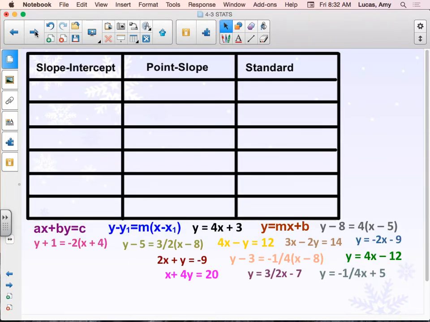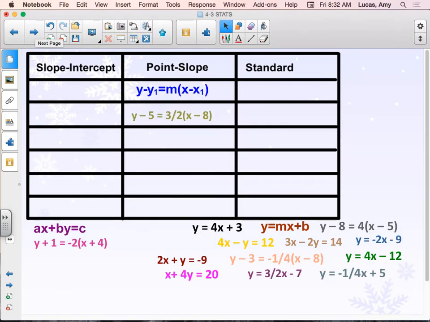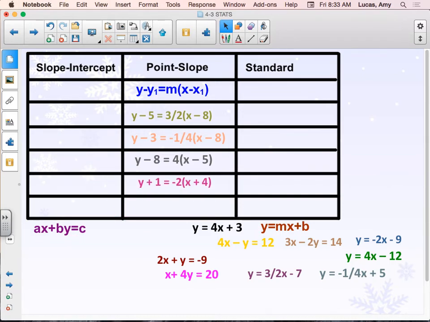This is a click and drag because now that we've learned all of these different forms, slope-intercept, point-slope, and standard form, we're hoping that you can recognize them. So I'm going to start with point slope because point slope is the one that we've been working on most recently. And I'm trying to find all of the point slope equations here. I think I've got all of them.